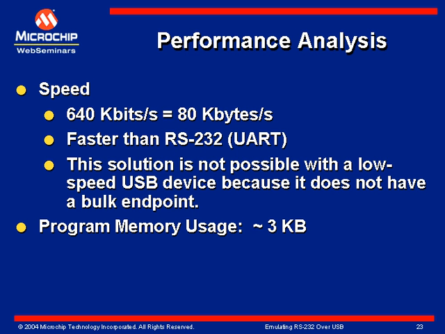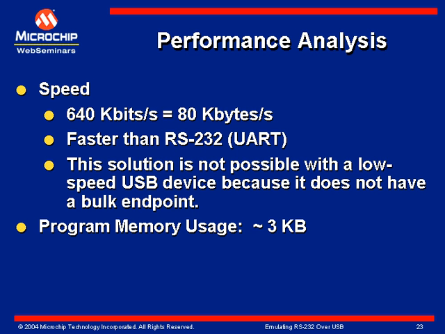Next thing we're going to talk about is to compare the performance of this solution versus others. Talking about speed, from the practical standpoint, it has been observed that the bandwidth that this solution could provide is roughly 80 kilobytes per second. This is faster than using the RS-232 connection.